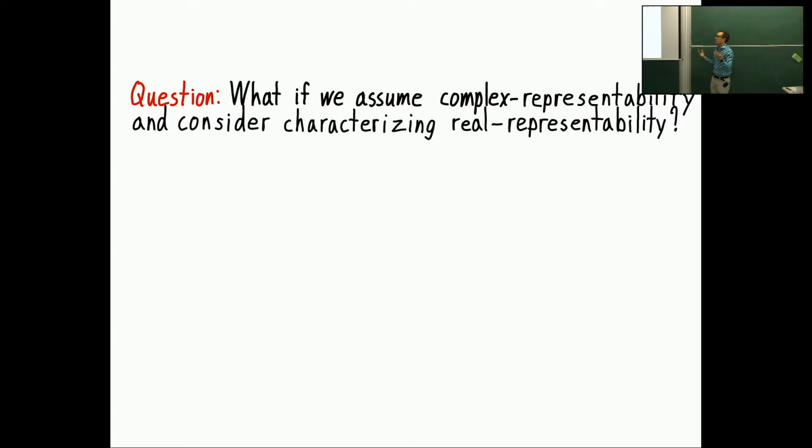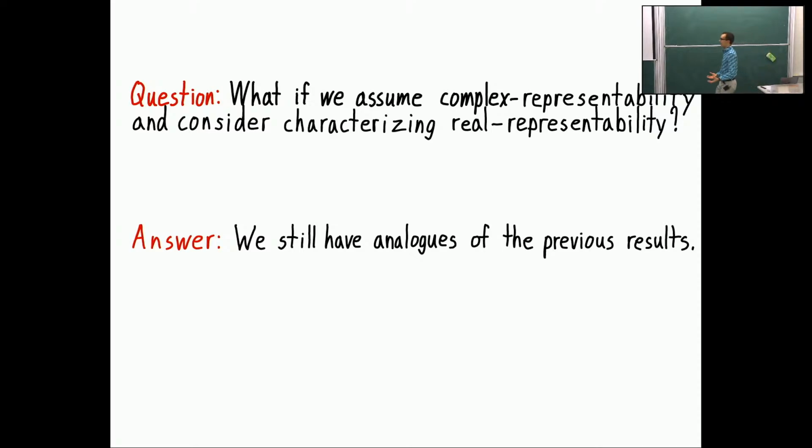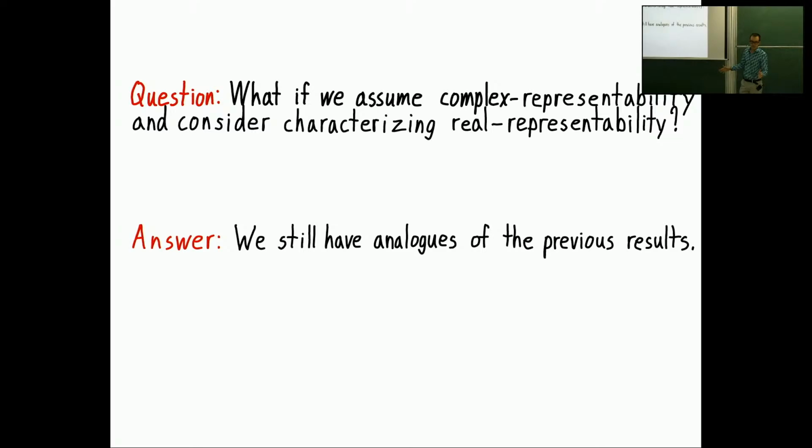If you have projective coordinates over reals, it's also complex. So what if we know we have a collection of complex vectors where our independence system is described by this collection? The answer is that everything still goes wrong in essentially the same ways as before. Even if we're only looking at complex representable matroids, characterizing real representability is still bad.